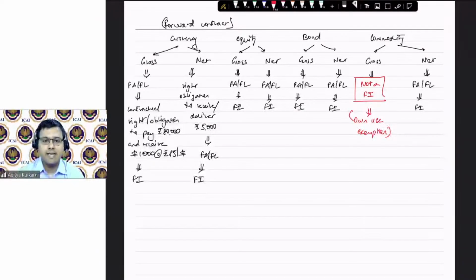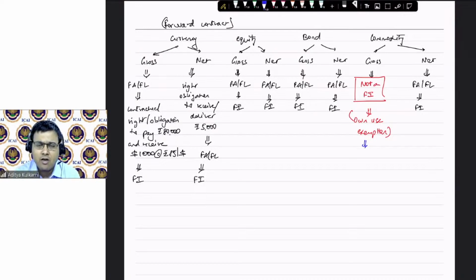So this takes care of derivatives and own use exemption as well. So typically when we do a net settlement, you can say that those are of a speculative nature. Now there may be some of you, when you revise, you will say that, sir, in own use exemption contracts, I have a right to purchase 100 tons of wheat.